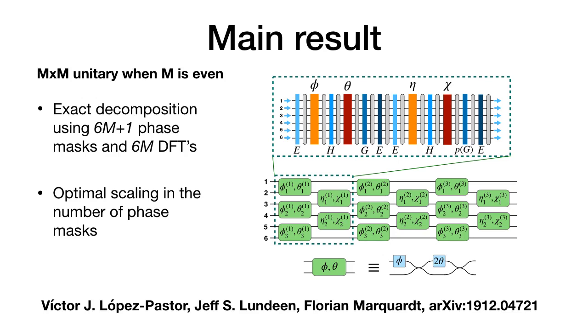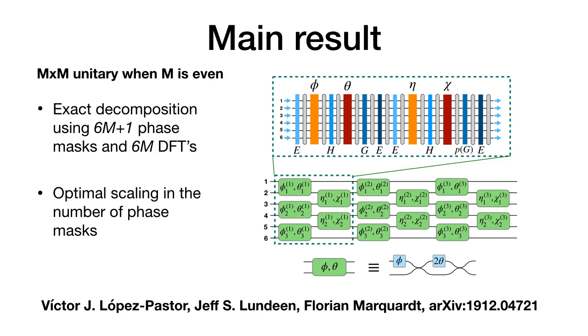So then I present here our main result. We show that any unitary matrix acting on m modes when m is even can be decomposed using 6m plus 1 phase masks and 6m discrete Fourier transforms. The idea for our method is in fact very simple.